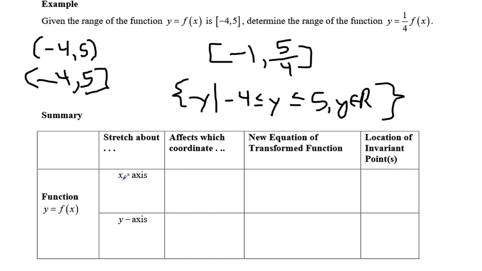All righty, so what do we got here? If we want to stretch about the x-axis, this is an A issue. If we want to stretch about the y-axis, this is a B issue. So the new equation, if you want to stretch about the x-axis, you'd get y is equal to A f of x.